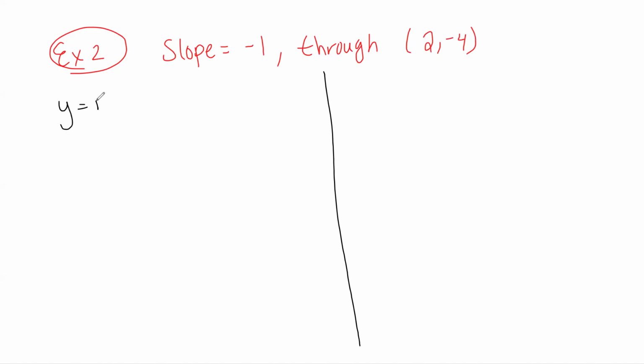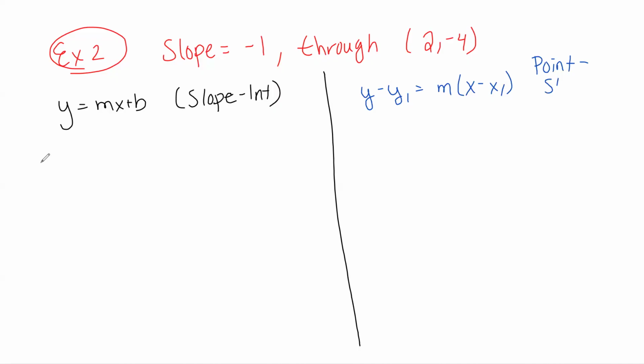So I'll do the y equals mx plus b, which is the slope intercept form. And I will do the y minus y1 equals m times x minus x1, which is the point slope form. So I'll start on the left. And again, this one's my preferred, but you can do either. This is our x, this is our y. Slope is always m.